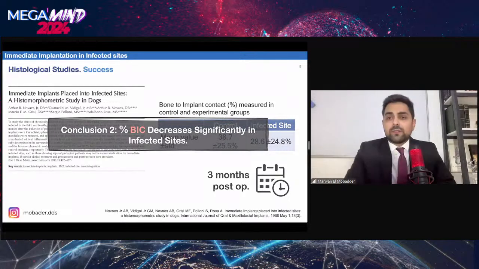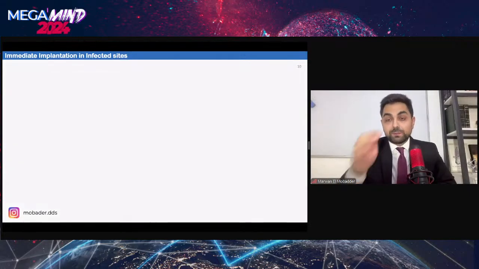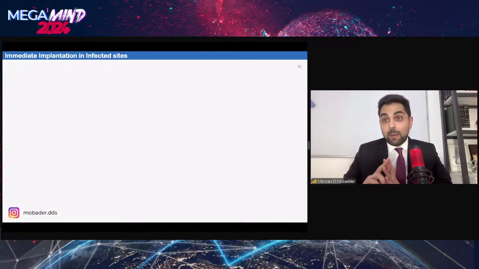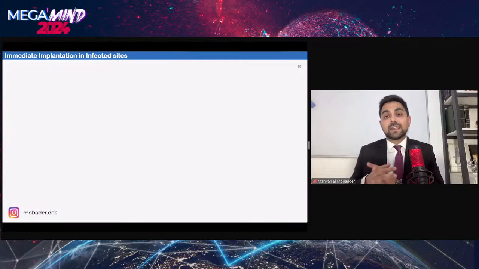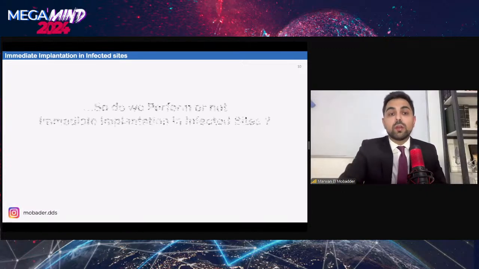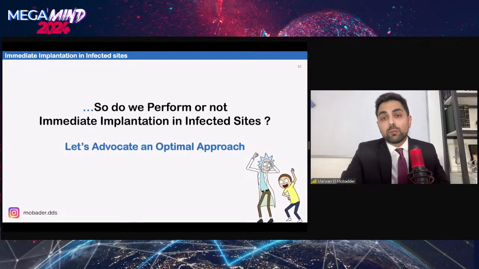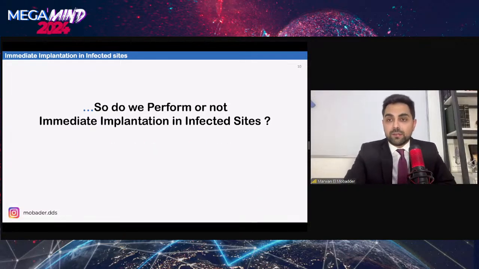After this very brief introduction, we know that there is no gold standard approach. There is somehow a controversy in the literature, and histologically we've seen that there is a decrease in BIC. So do we perform or not immediate implantation in infected sites?